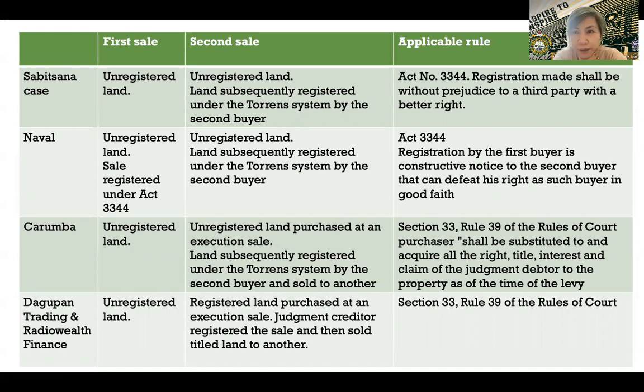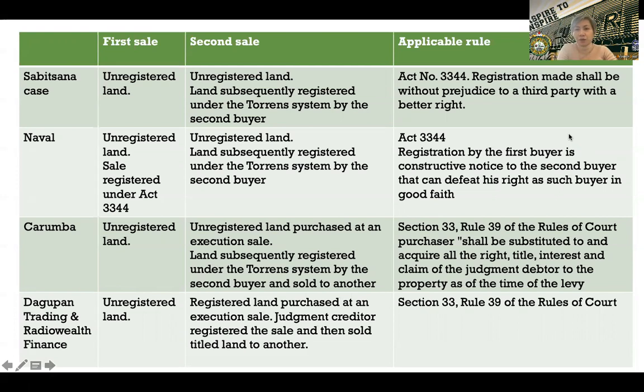So to summarize the rules, guys, take note that in the Sabitsana case, first sale was unregistered land. The second sale was still unregistered land, but the land was subsequently registered under the Torrens system by the second buyer. So the rule applied was Act 3344.